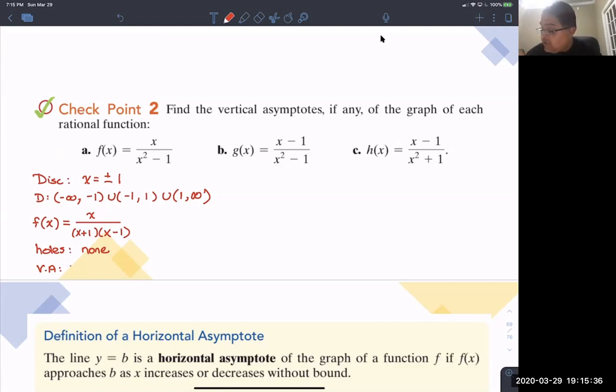So the vertical asymptotes are x equals negative 1 and x equals 1. Remember from our discussion of linear equations, these are the equations of vertical lines. So my vertical asymptotes are vertical lines that my graph can't cross. And because neither 1 nor negative 1 is a hole, they're both vertical asymptotes.